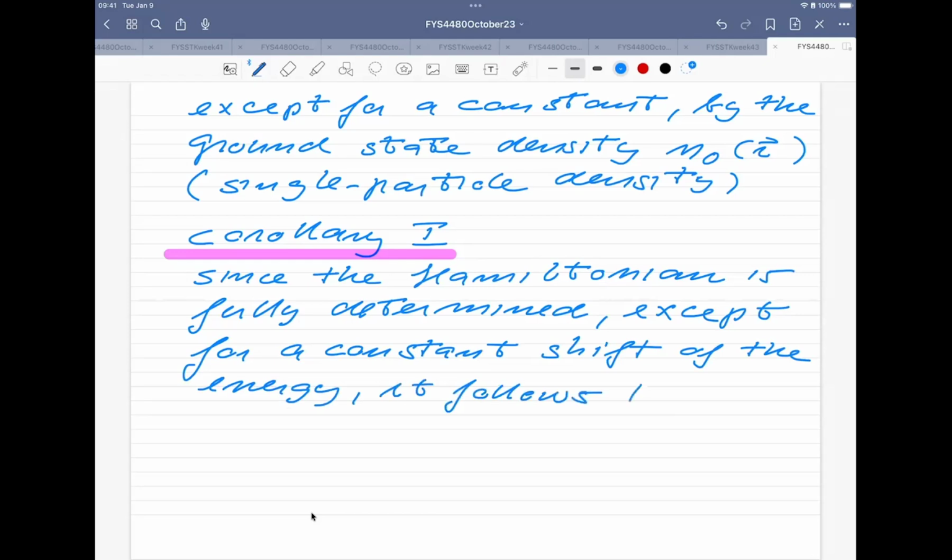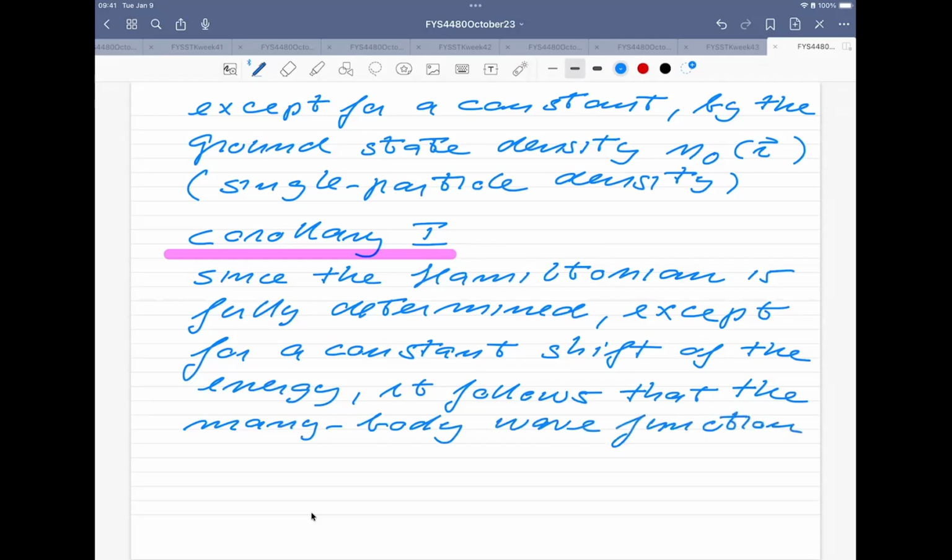that the many-body wave functions for all states, both the ground and excited states, are determined. This requires a little bit more labor, but through different methods like equation of motion methods, if somebody gives you the ground state of the system, you can then define all the excited states as well.